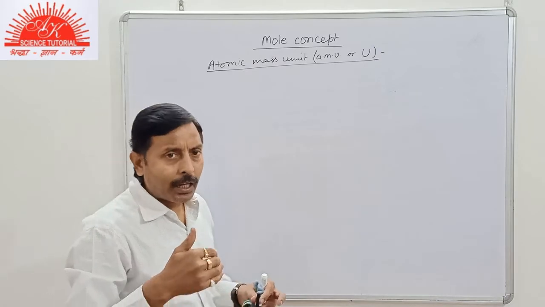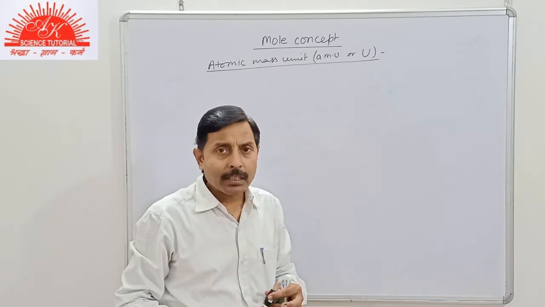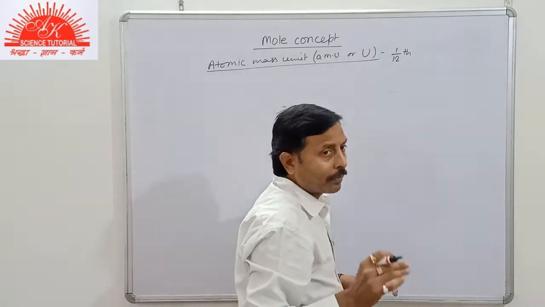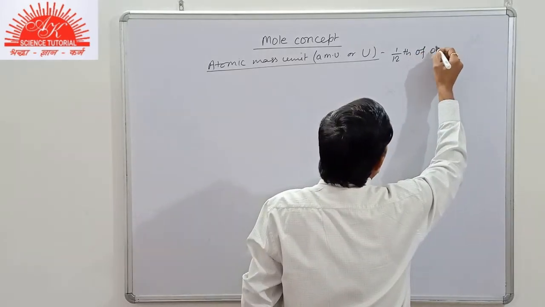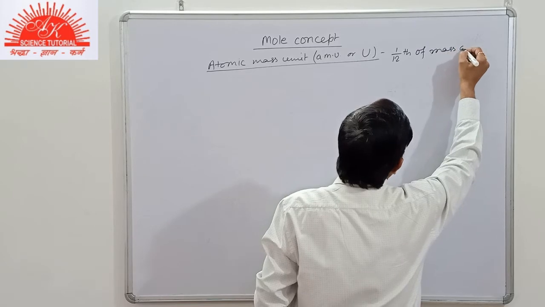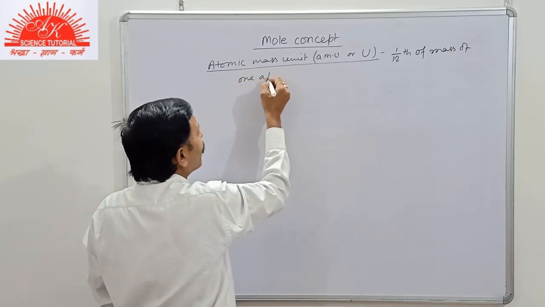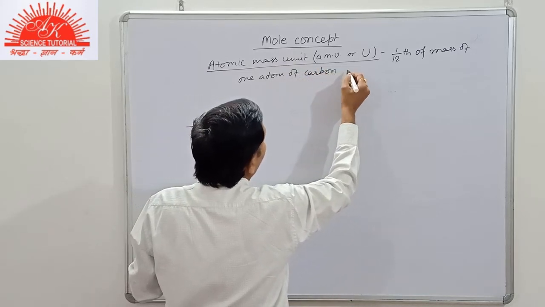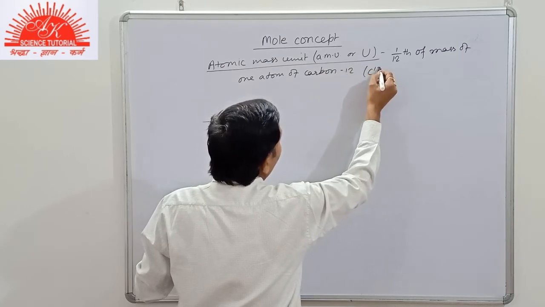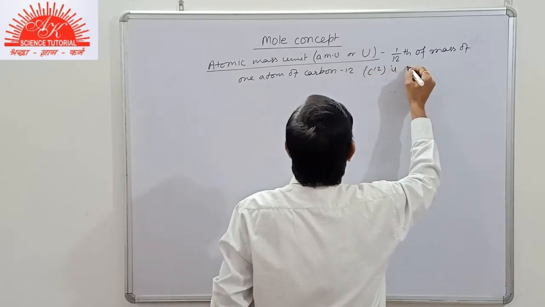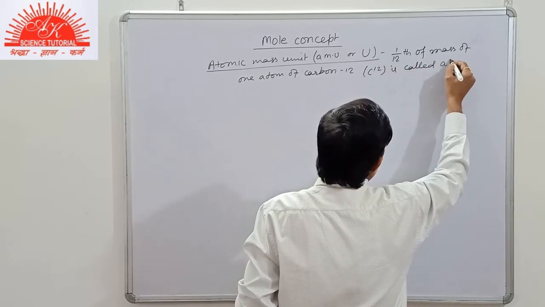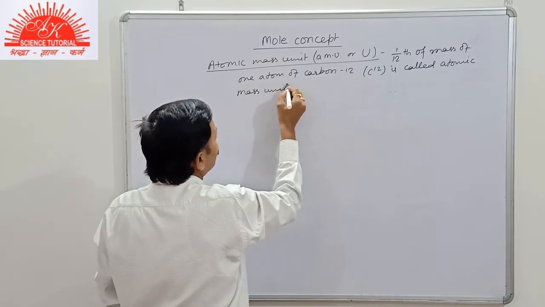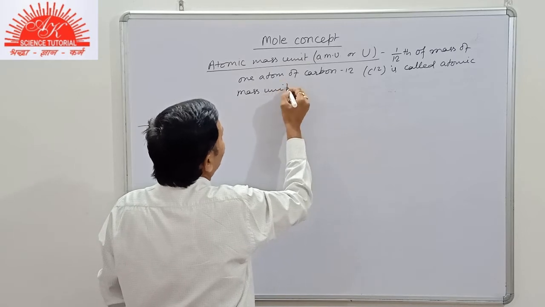Now, what is it? Just as I have described it, 1/12th of the mass of 1 atom of carbon C12 is called atomic mass unit.